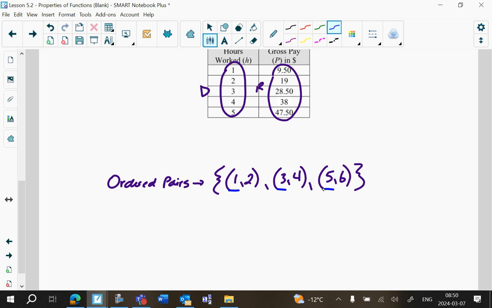Those represent the independent variable and the domain values. Second ones represent the dependent variable and the range values.